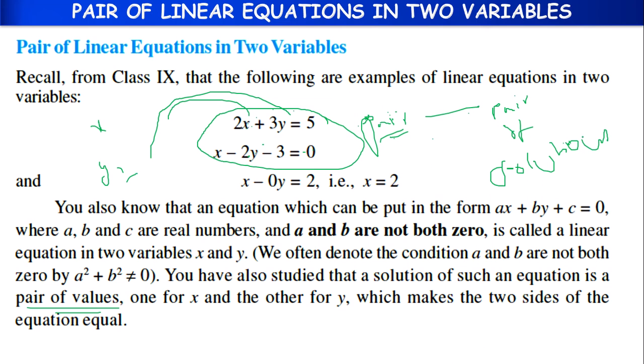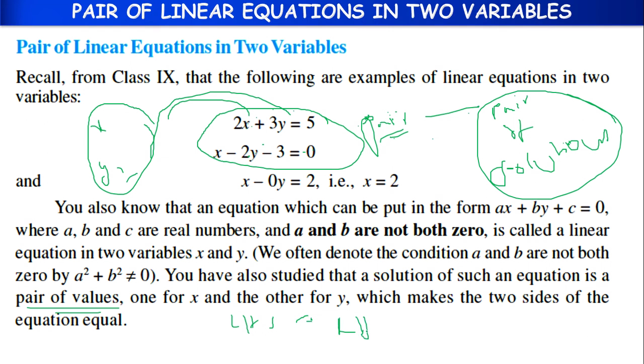So the pair of solutions will be the values of the two variables which make the equations true, which make LHS equal to RHS for both equations. Next one.